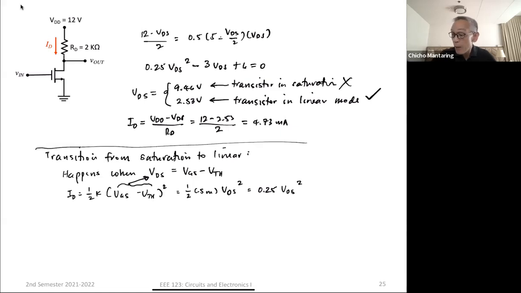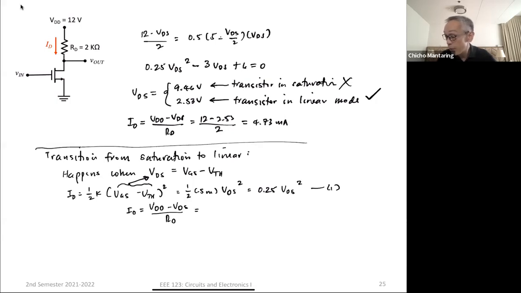But if we apply KVL to the power supply, drain to source path, we can get a second equation, and that is ID equal to VDD minus VDS over RD.